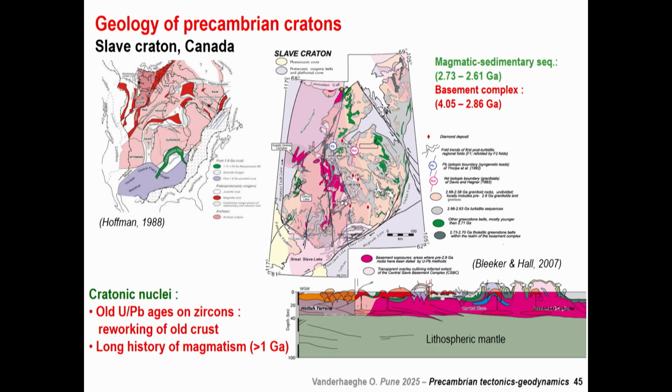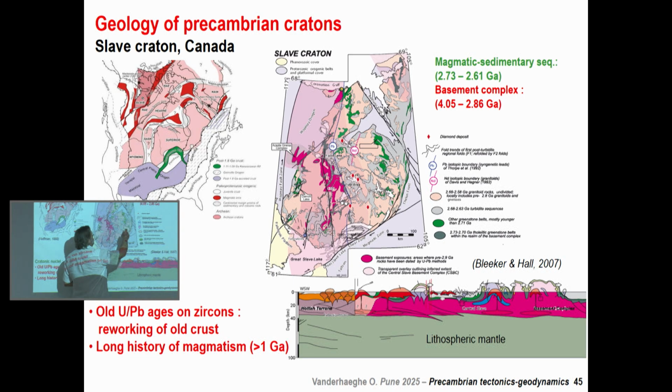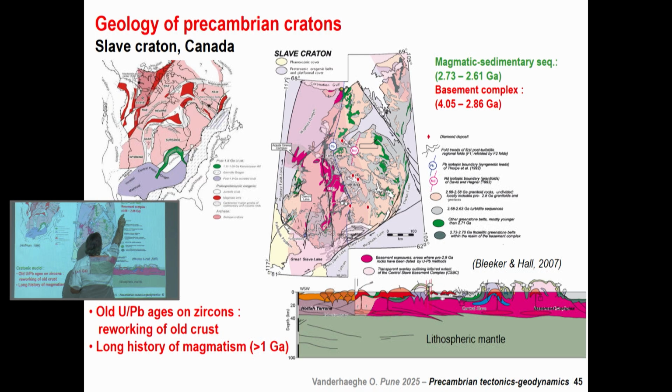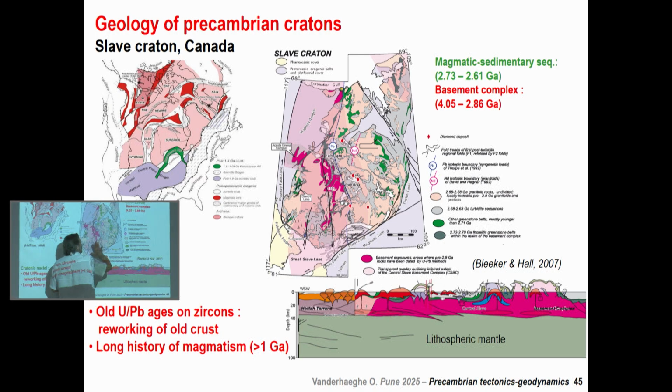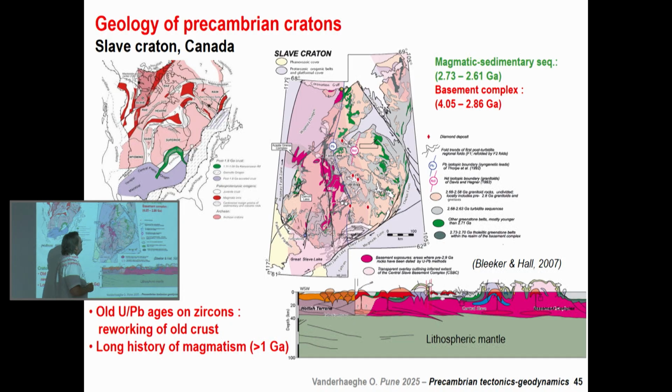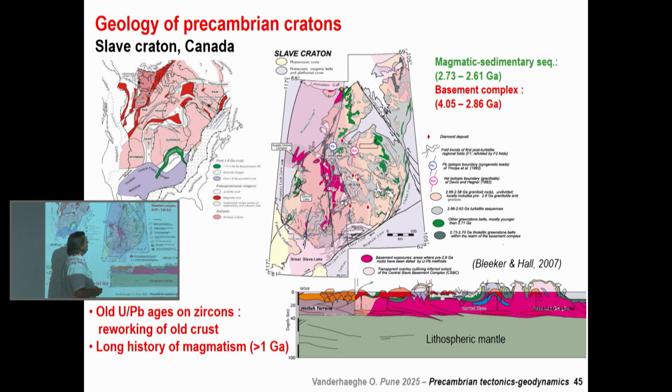When we look at the geological record of these, in the basement complex, in the pink, the granitic gneiss dates from 4 to 2.8 billion years. In the magmatic sedimentary sequence, it spreads a bit less, from 2.7 to 2.6.